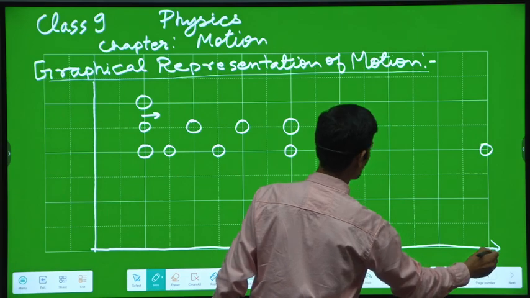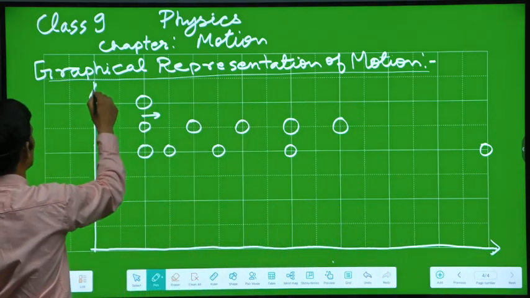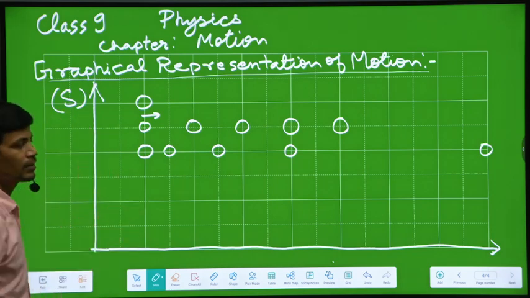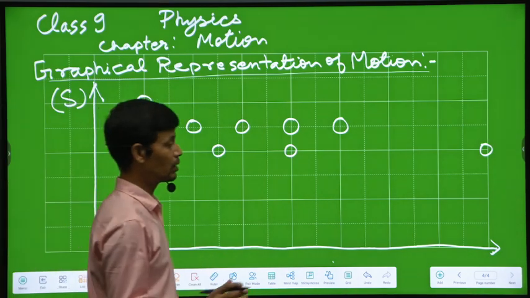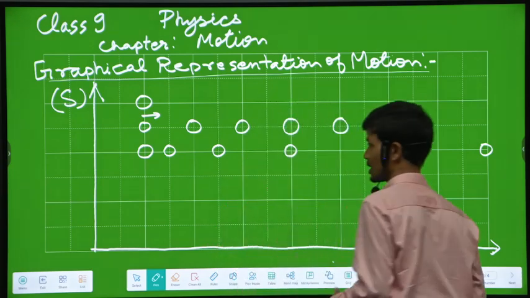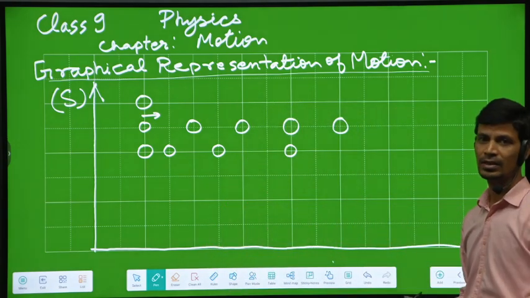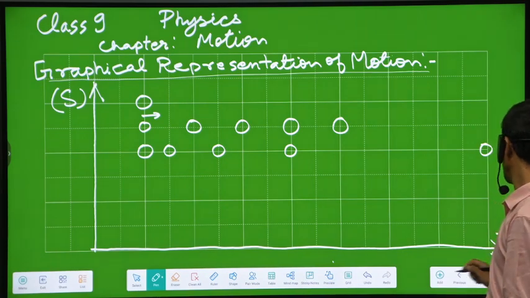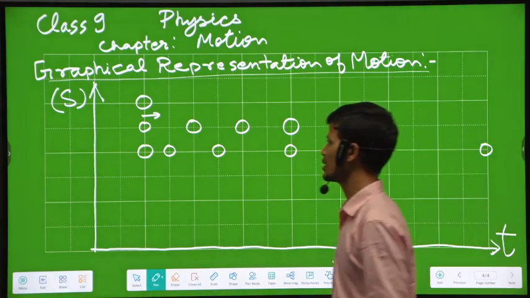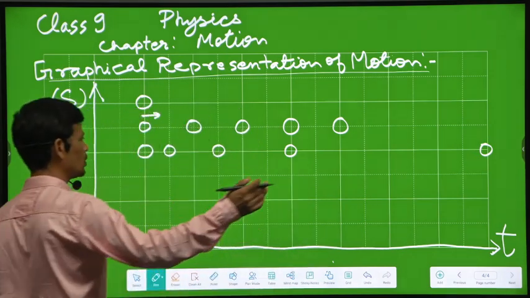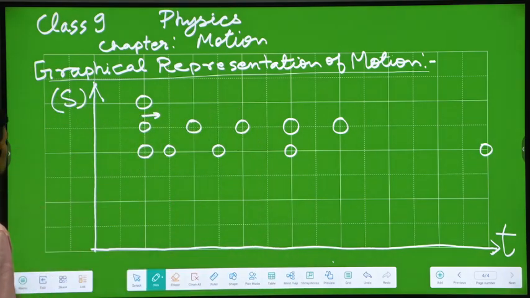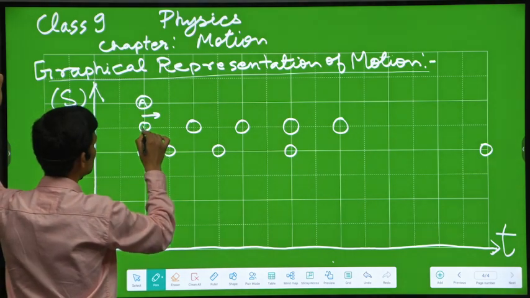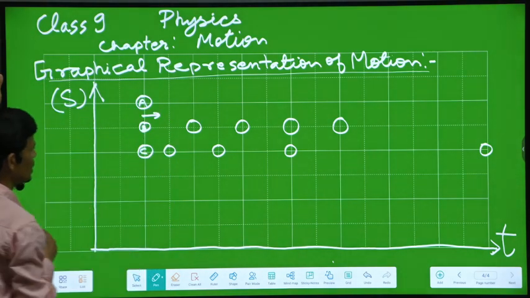Displacement is represented by S. Now these are new symbols: displacement S, distance S, speed and velocity V. Just keep these things in your mind. Time along x-axis, displacement along y-axis. So I will call them A, B, and C.